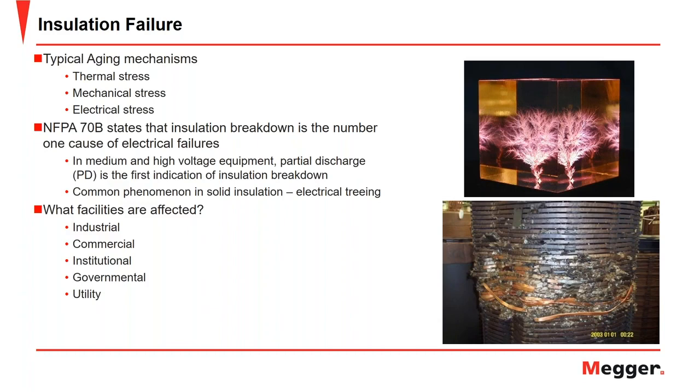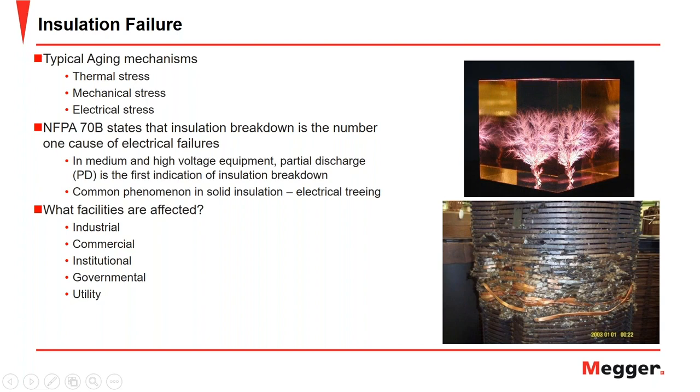This particularly means a lot in terms of partial discharge, because when it comes to medium and high voltage equipment, partial discharge or PD activity is one of the first indications of deteriorating insulation. And this is commonly seen in solid insulation with the phenomenon of electrical treeing, which is a damaging process due to partial discharges that progresses through a stressed dielectric insulation.